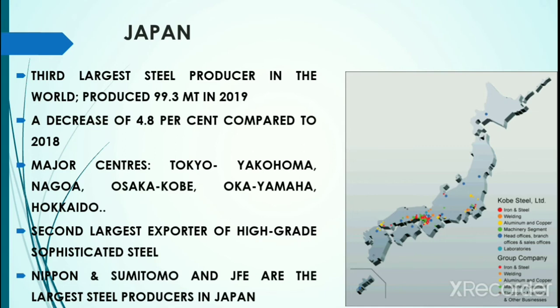The major centers of iron and steel production in the country are the Tokyo-Yokohama region, the Nagoya region, Osaka-Kobe, Okayama, and the Hokkaido region. Japan is the second largest exporter of high-grade sophisticated steel. Nippon, Sumitomo, and JFE are the largest steel producers in the country.